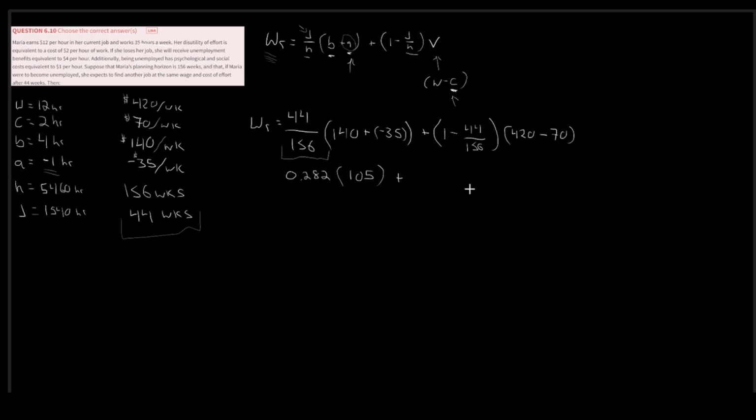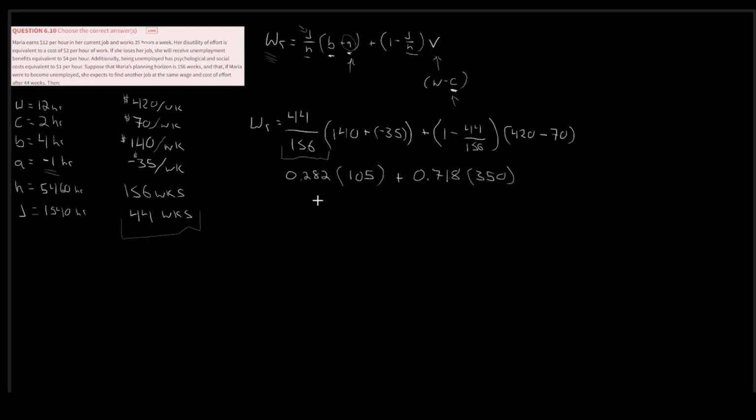Then I would expect to get a job. So out of my entire horizon, 71.8 or about 72% of the time, I would expect to be getting my actual future employment benefits, and we can have that as 420 minus 70. That is, I'm expecting to earn $350 a week over that period.